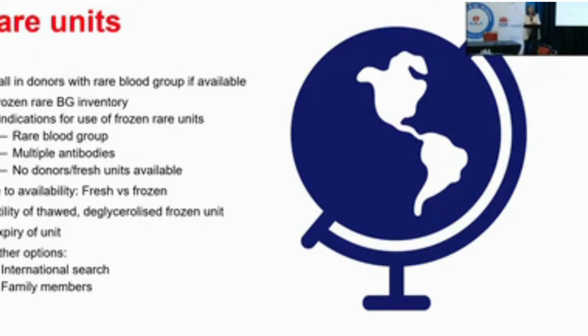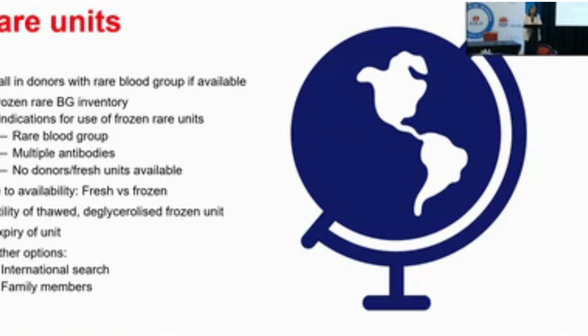Now, if a hospital requires a very rare unit, there are some sickle cell patients in Australia who have only one donor in the whole of Australia that can supply the patient's need. We will call in that donor because fresh is always best, so we would like a fresh unit to come in. It won't be for exchange, obviously, it would just be a top-up in case of an emergency.